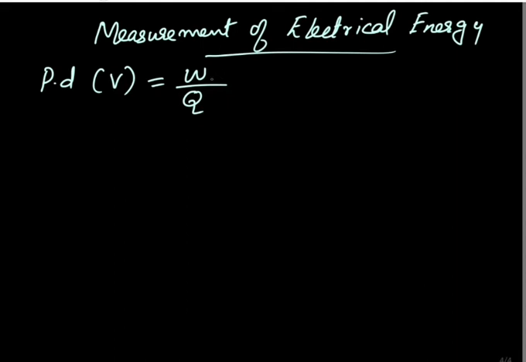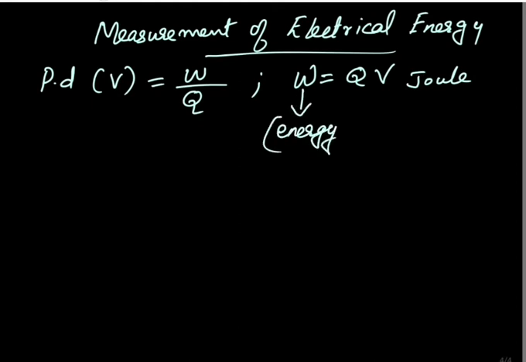So that is work done per unit charge. From here you can find the equation for work as W is equal to charge Q multiplied with V, that much joule. Here the work done is the energy which is being stored.